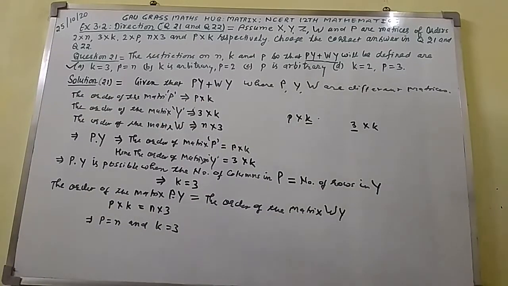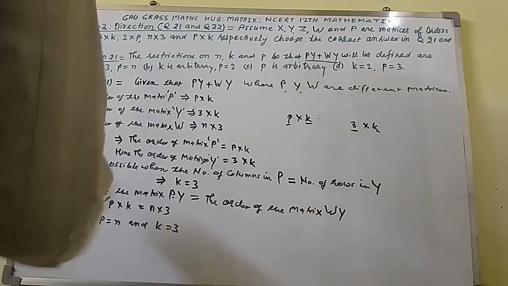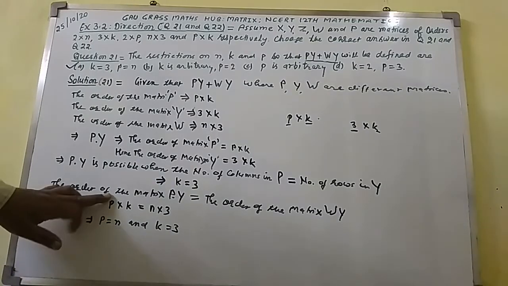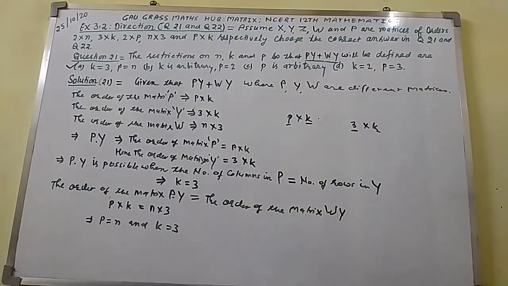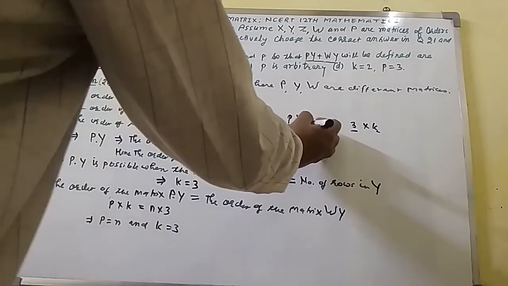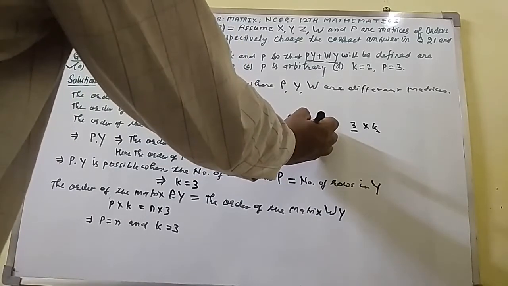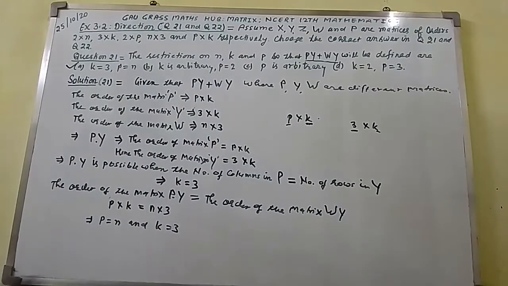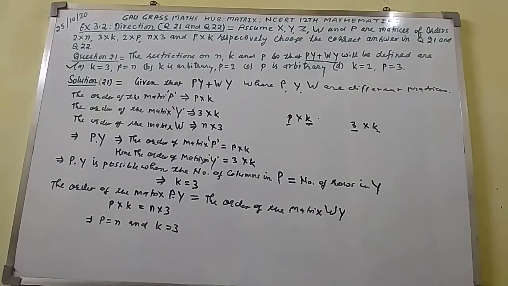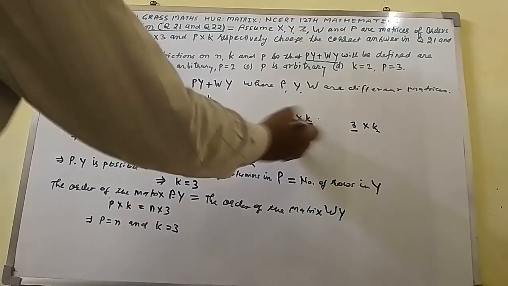Then the order of matrix Py will be P cross K. This is correct, very well. P cross K it will become, because the number of columns of the matrix P will be equal to the number of rows in matrix Y. So K equal to 3 it will become. But the order of matrix Py will be P cross K.